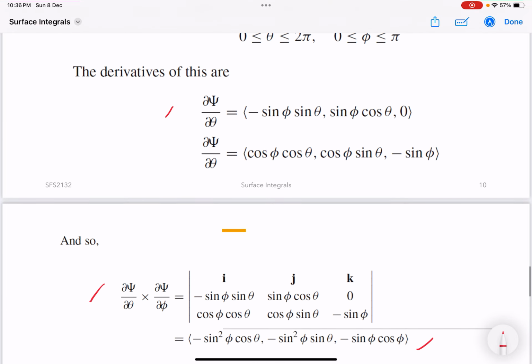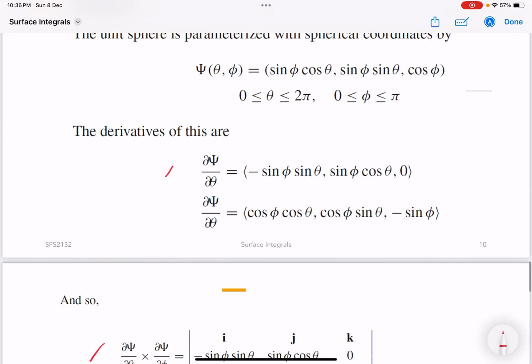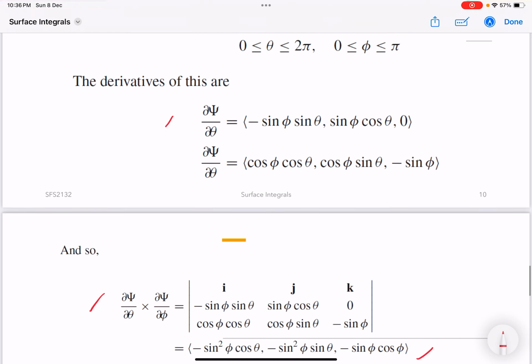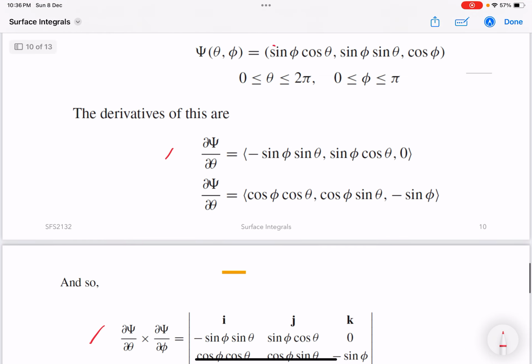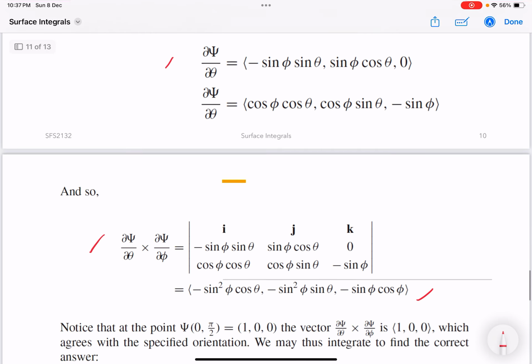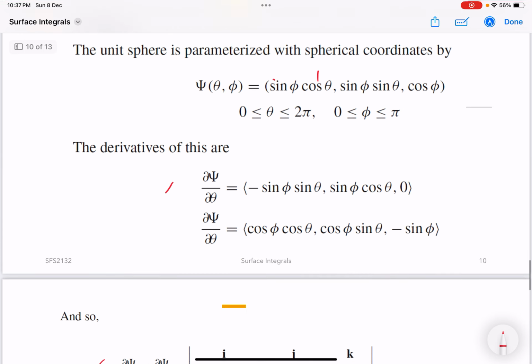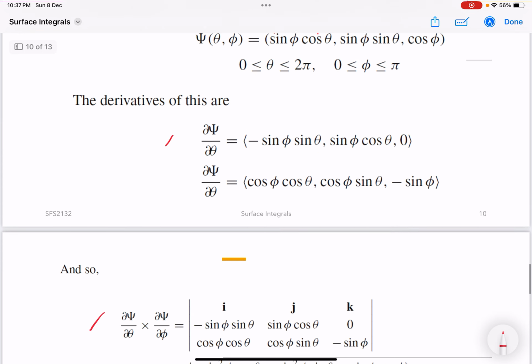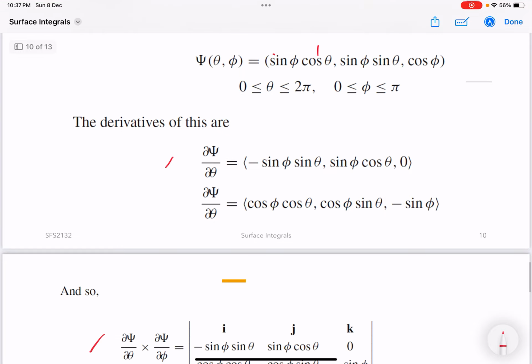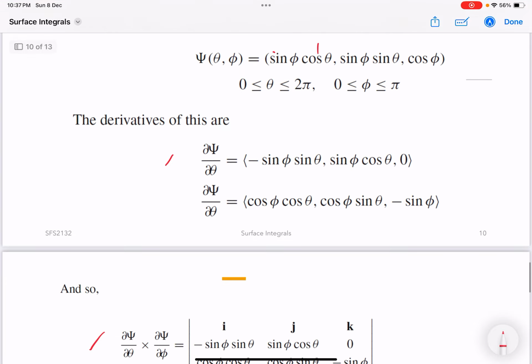So you have 1 sine cos 0 equals 1, theta, phi equals 0, sine 0, theta from 0 to pi over 2, 1.